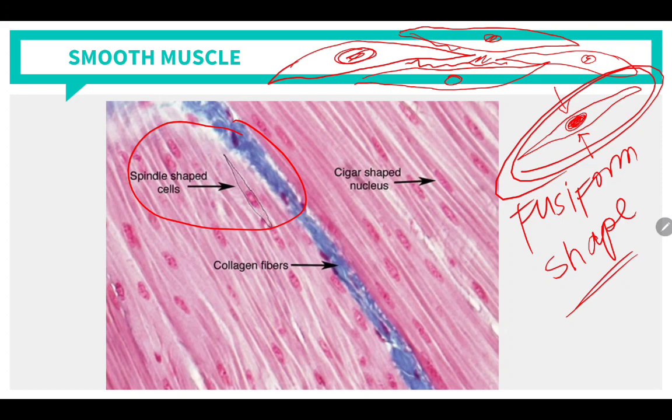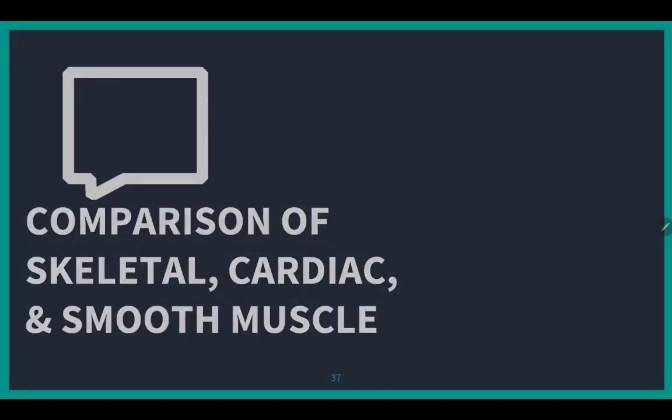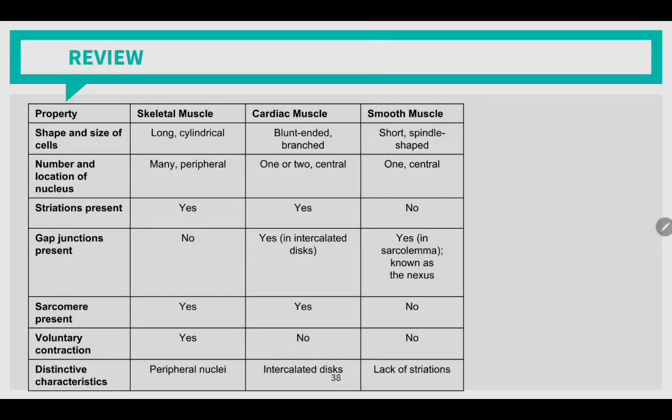Okay? So, let's have a comparison of the three. Okay. So, for the review, no, I want you all to take a look at this and memorize everything that is present here because this is important to you. Okay? So, tandaan natin, ang smooth muscle is spindle in shape or fusiform, no? Ang skeletal muscle is long, 'di ba? Ano pa? Multi-nucleated, many nucleus at the peripheral.